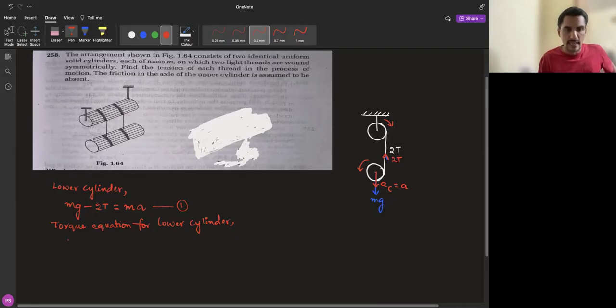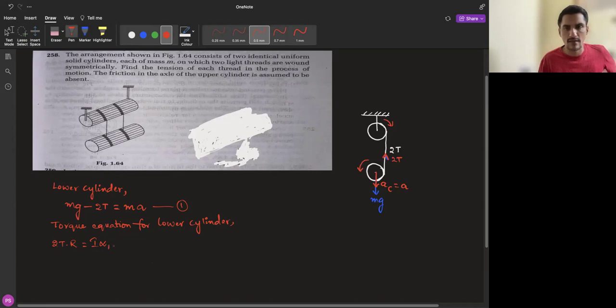The 2T tensional force is rotating that object, right? So 2T into R is equal to I alpha, according to Newton's second law, torque is equal to I alpha, like force is equal to mass into acceleration. Consider it is alpha 1.